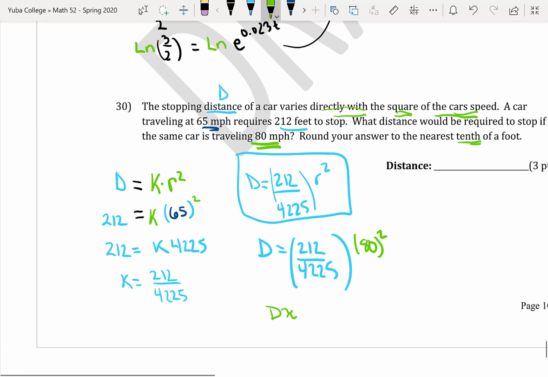So when they're going 80 miles per hour in this car, it would take them 321.1 feet to stop that car.